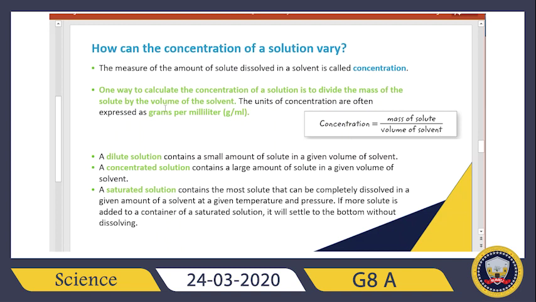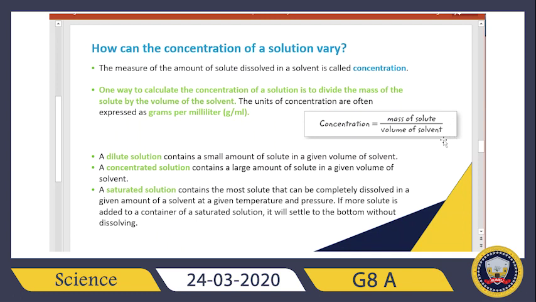That's why it is expressed as grams per milliliter, where gram is the unit of mass and milliliter is the unit of volume. So if you are asked for the concentration of a solution, you will use this formula: just divide the mass of the solute by the volume of the solvent.